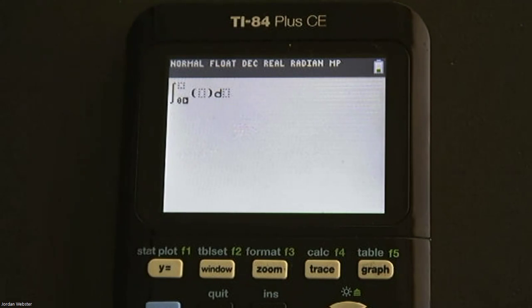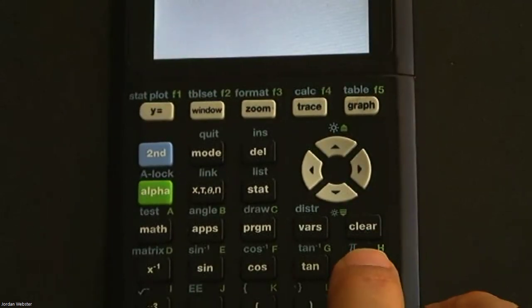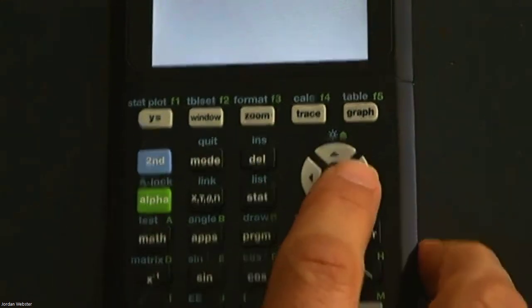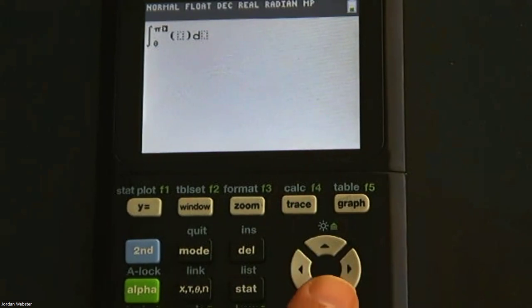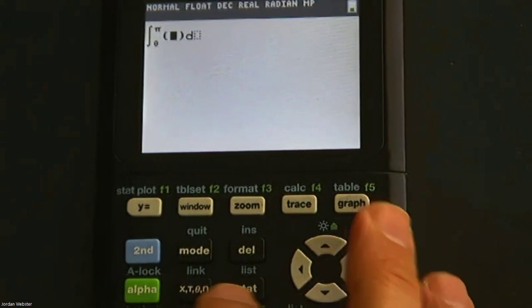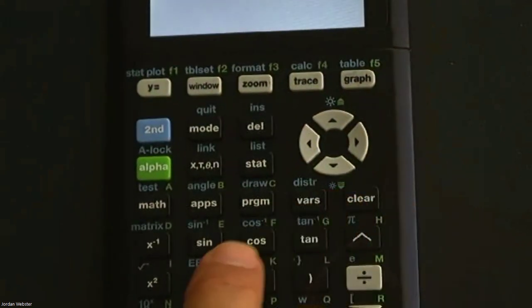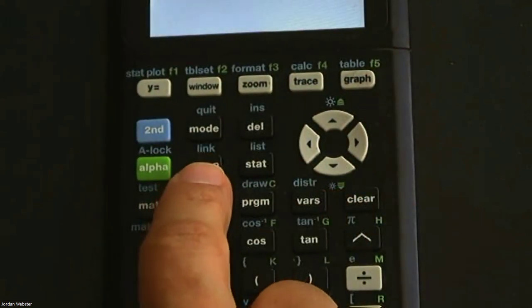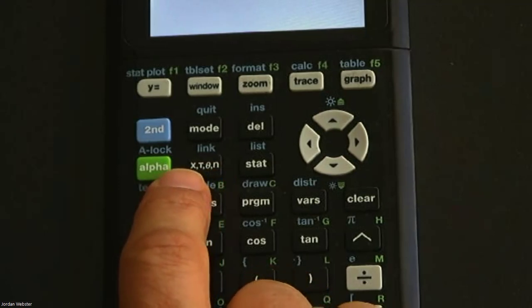So if I'm integrating from 0 to pi, now the pi button is over here on your calculator, 0 to pi, sine of x. So I hit the sine button, and then I hit the variable key x. If you're in function mode, it gives you an x.